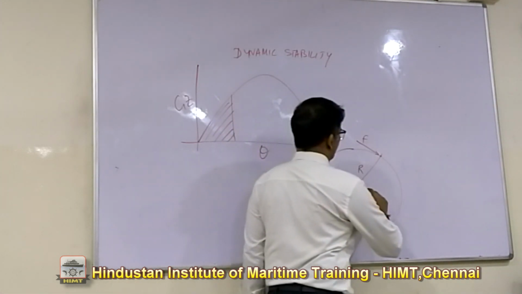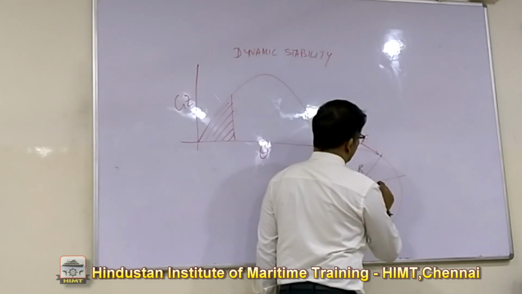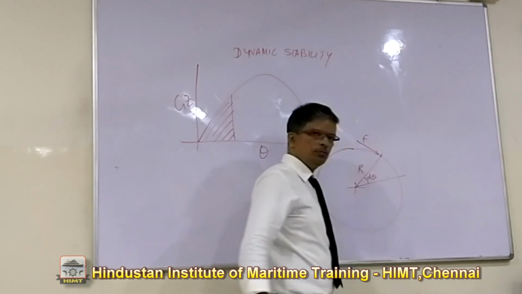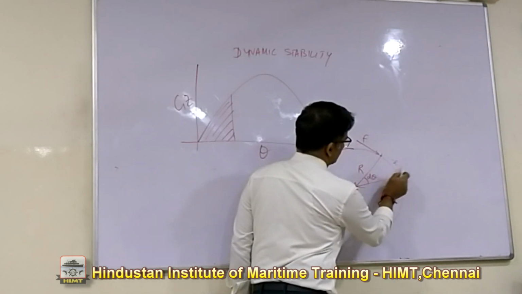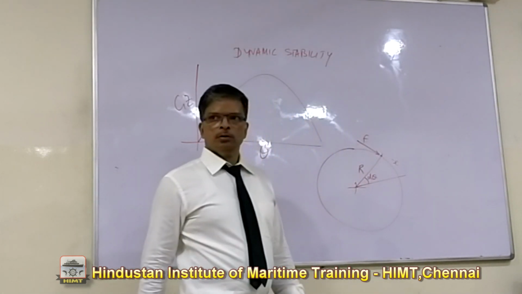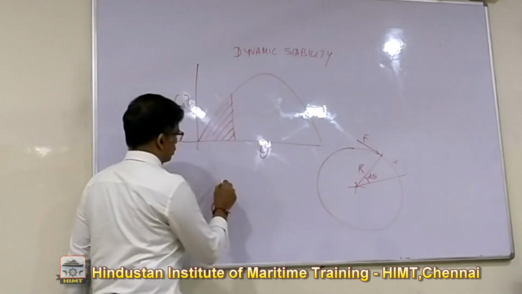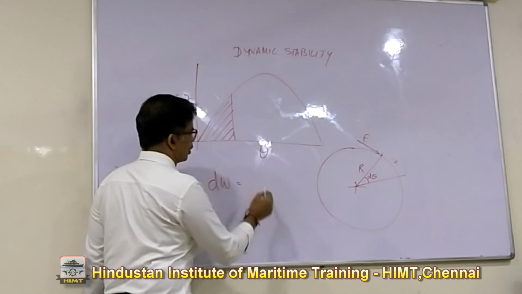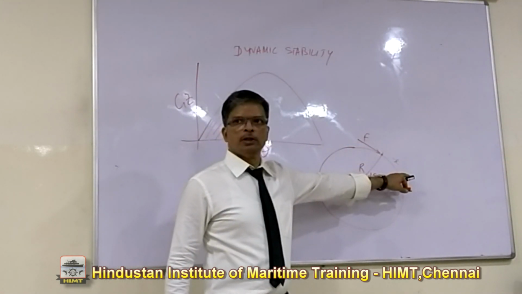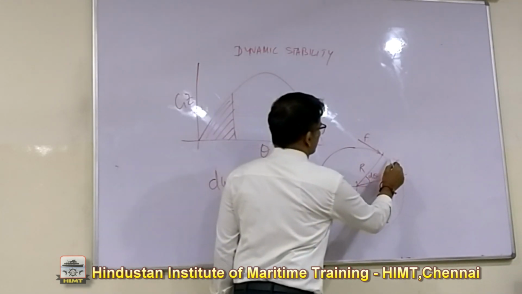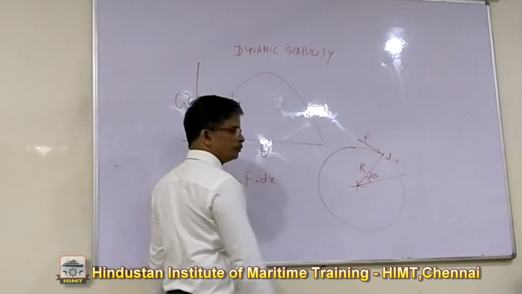And then it inclines, or rotates, by a small angle d theta, and it moves a small distance dx. So what is the small work done? Small amount of work done is force into distance. Okay? Force into distance. So you will say F into dx.